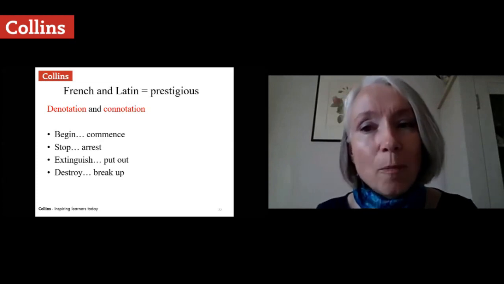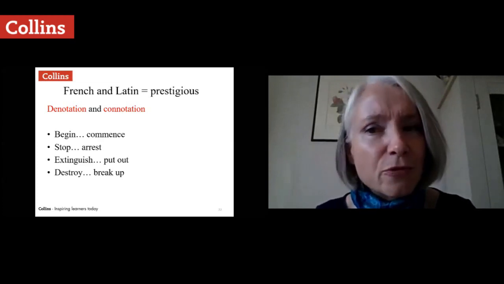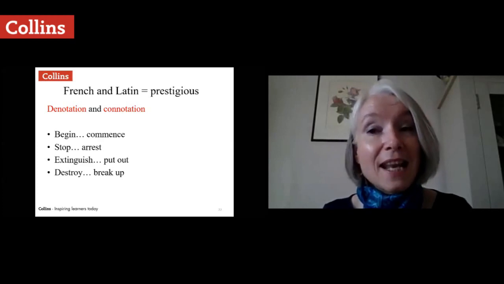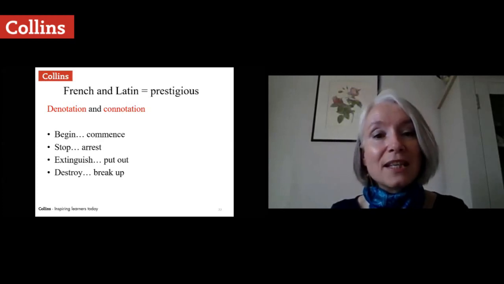If we look at stop and arrest, arrest is from French. The French word that it comes from only means stop. The French word doesn't have any connotation associated with it.